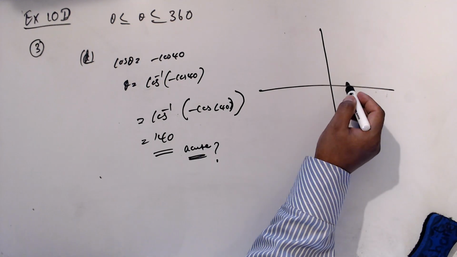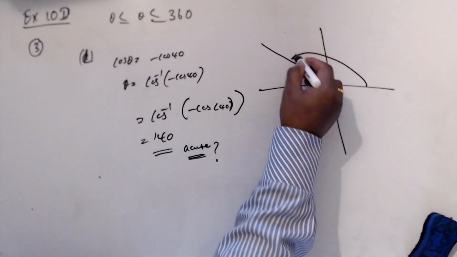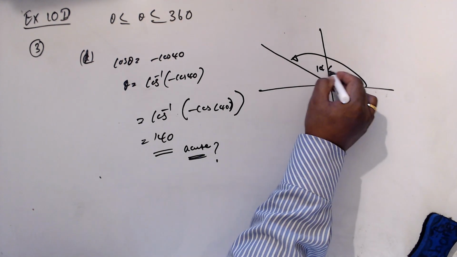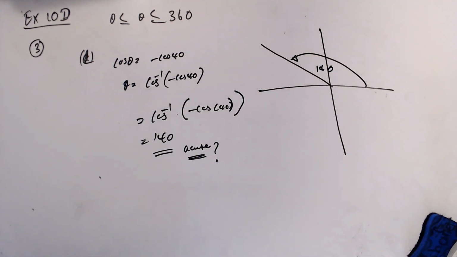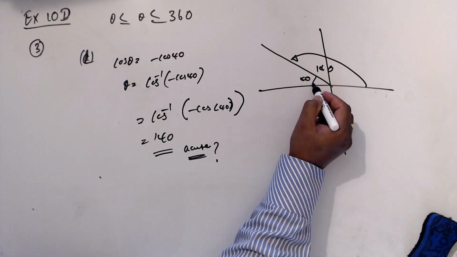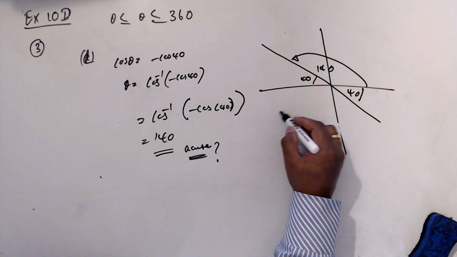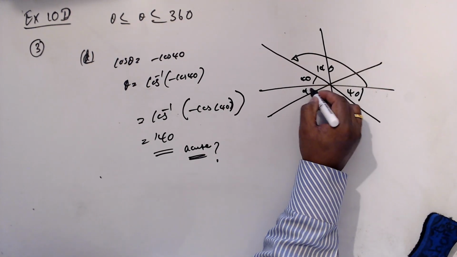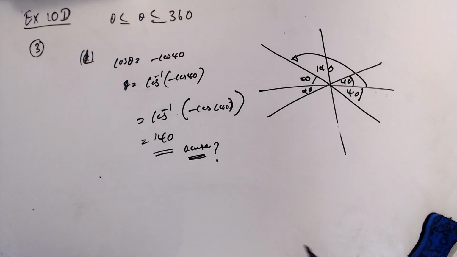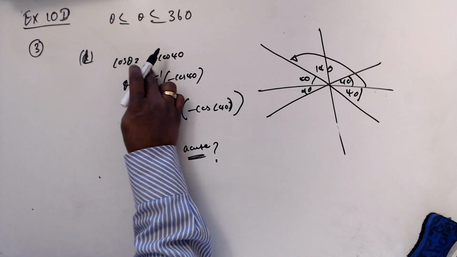It is in the second quadrant, 140. If this is 140, this is what? 40. Now I found the small angle. Now this is 40, this is 40 and this is 40. Now one answer is done because cos has to be negative.